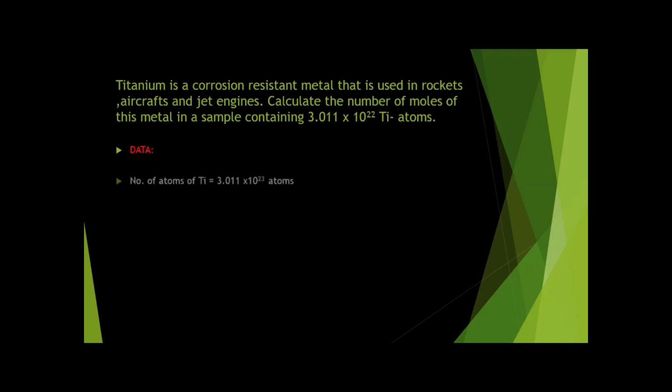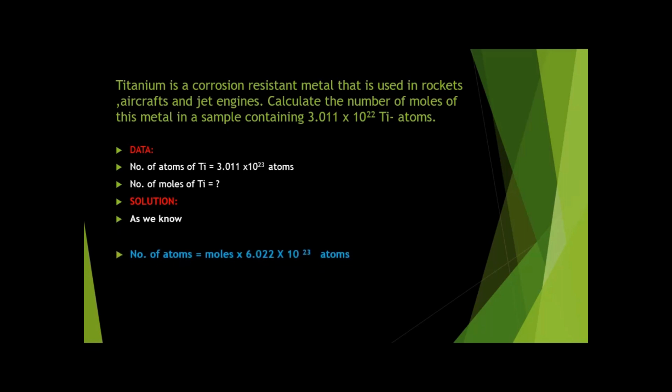First we should make data. Number of atoms of titanium is equal to 3.011 exponent 23 atoms and number of moles of titanium are unknown. So solution, as we know, number of atoms is equal to moles into 6.022 exponent 23 atoms. So students, in this case you can see that we have to find the number of moles.